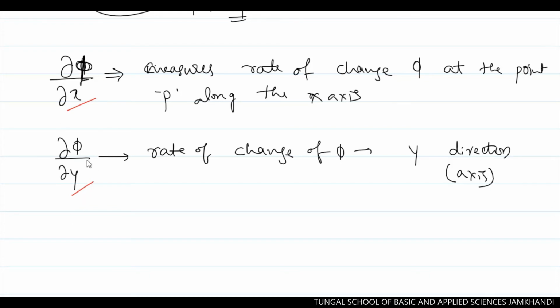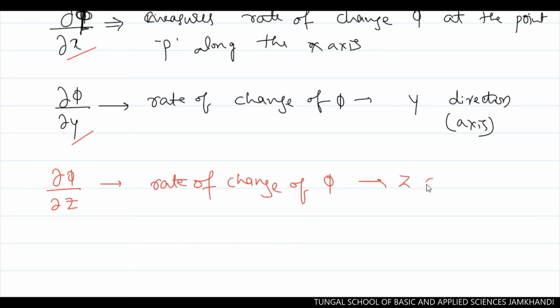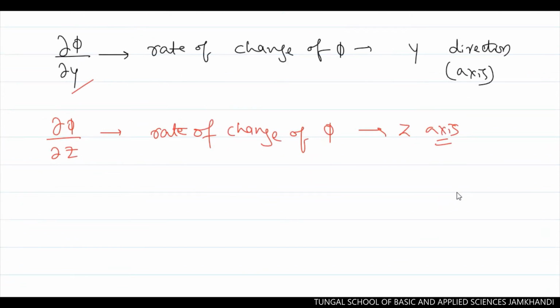Similarly, for the z axis, we write dou phi by dou z, which is the rate of change of phi along the z axis.